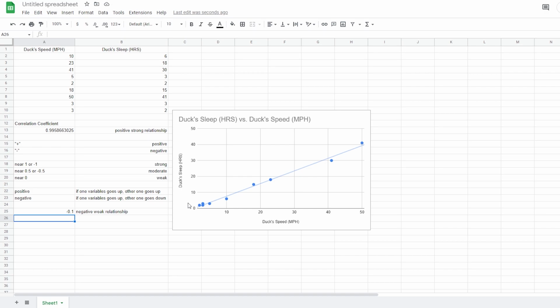My speed and my sleep have almost no influence on each other, if any. They have barely any influence, okay? But let's say I have like a 0.6, right? We have a positive, moderate relationship. Well, what does that tell us? They do have some influence on each other, maybe not super strong, but they have some influence right there.